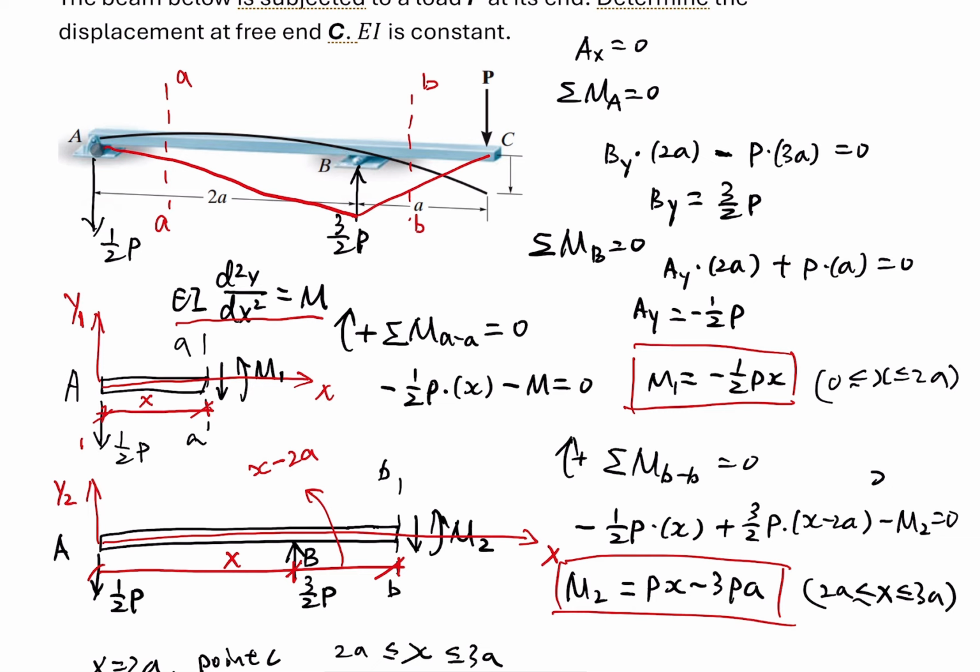For this beam segment, we have two boundary conditions: at support A, x equals 0, y1 equals 0; at support B, x equals 2a, y1 equals 0.